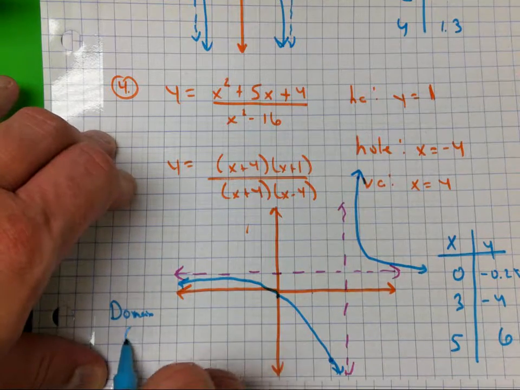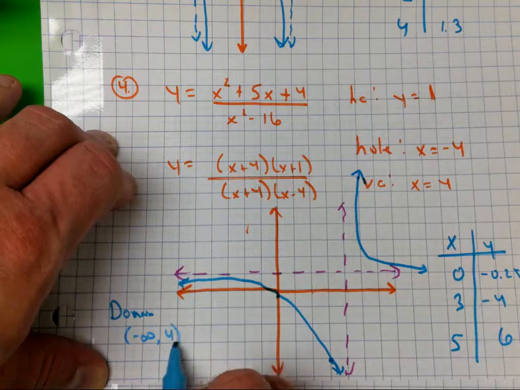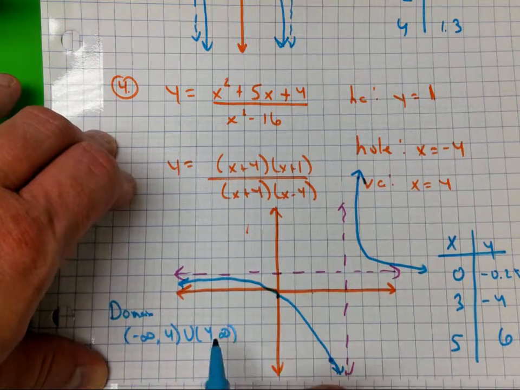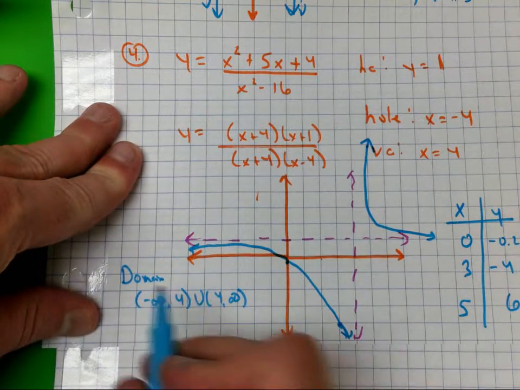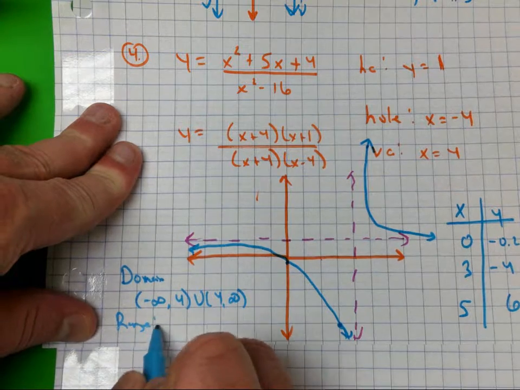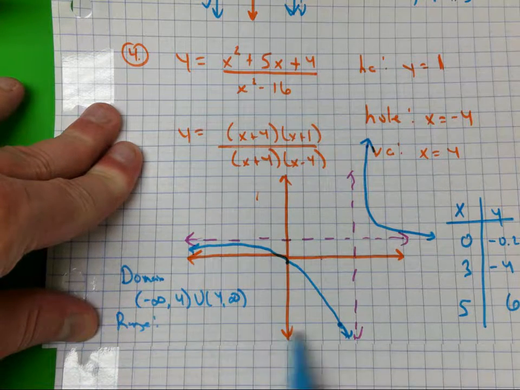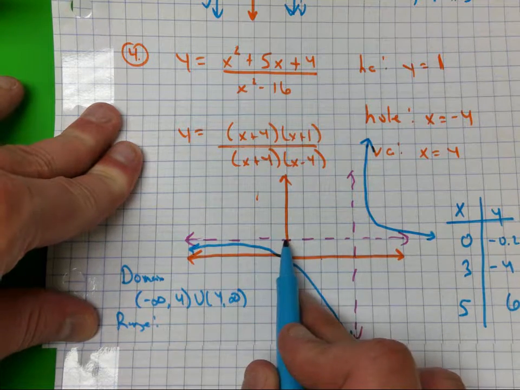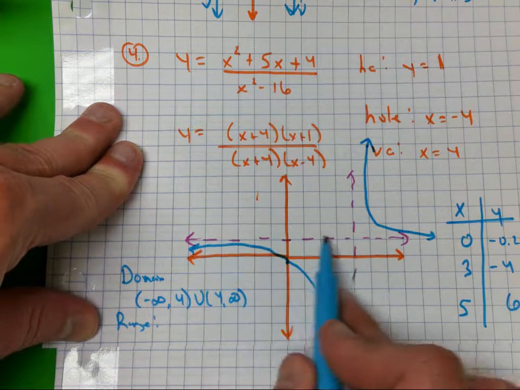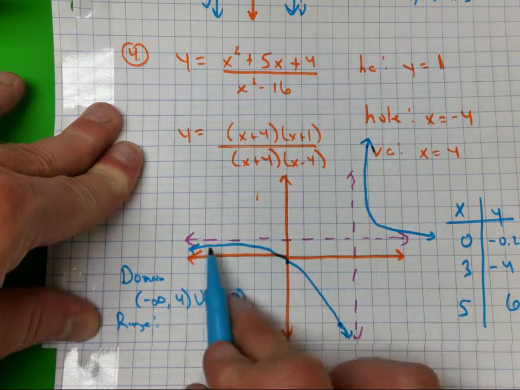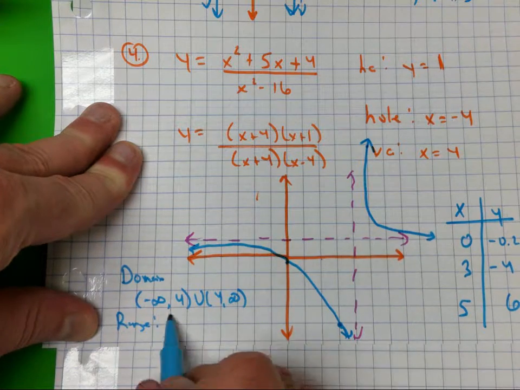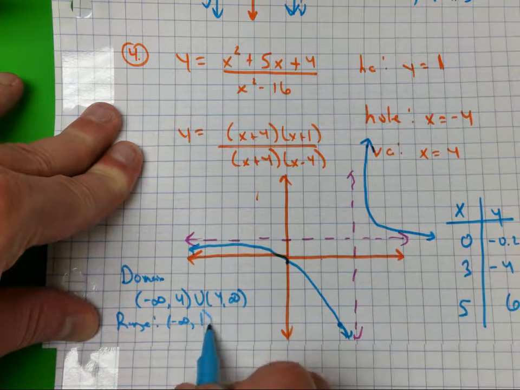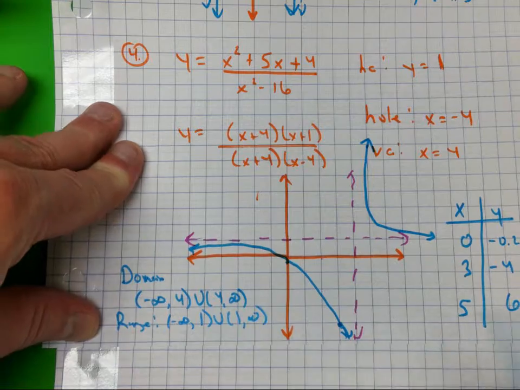So that's going to be from negative infinity to 4, union 4 to infinity. Range. Start from the bottom. Is it going to hit something? Yes. The problem is at 1 because nothing's touching 1 anywhere. So it's going to be from negative infinity to 1, union 1 to infinity.